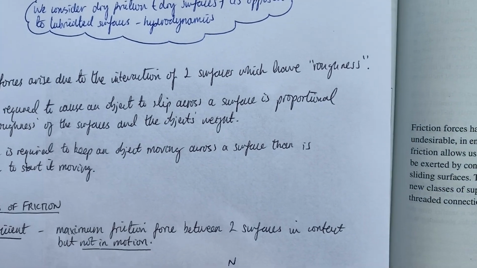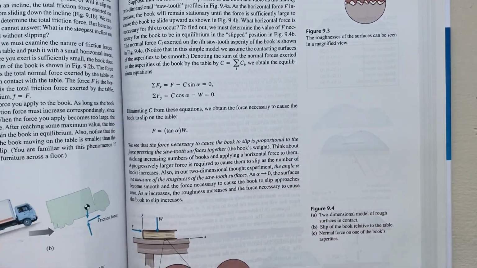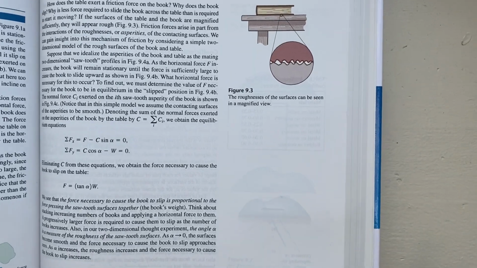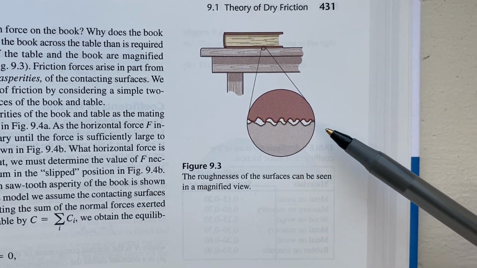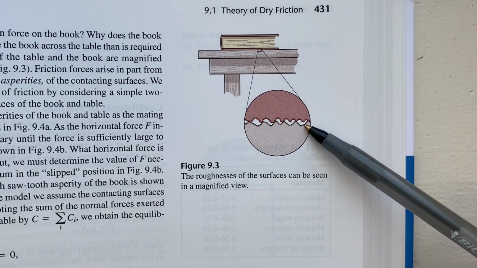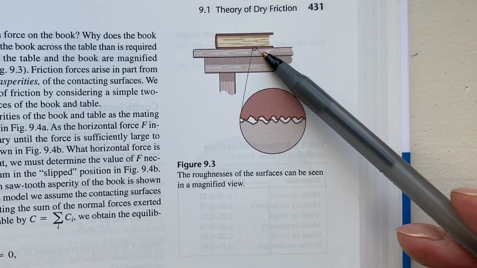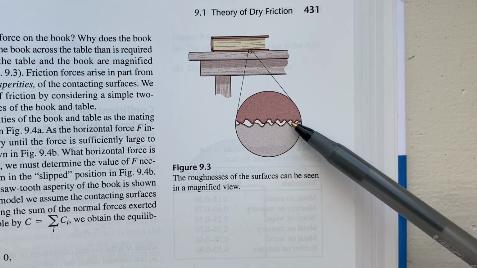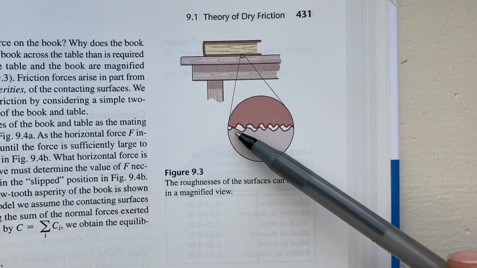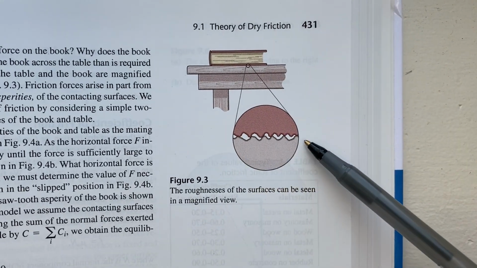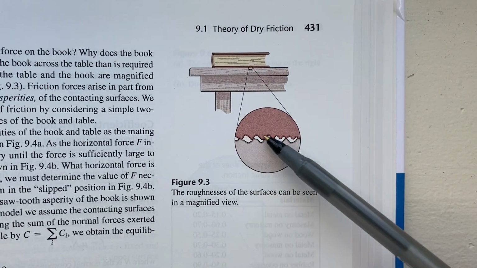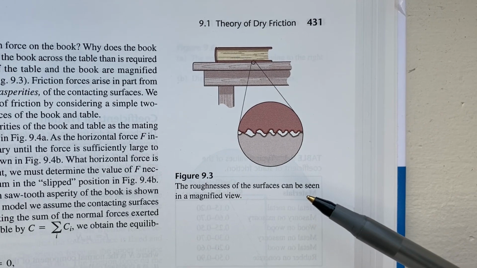So the textbook shows this example of a book on a table, right? And if you zoom in to a microscopic level, each of those surfaces has a roughness associated with it, which is where the friction arises, because you've got these two rough surfaces trying to slide across each other, right?